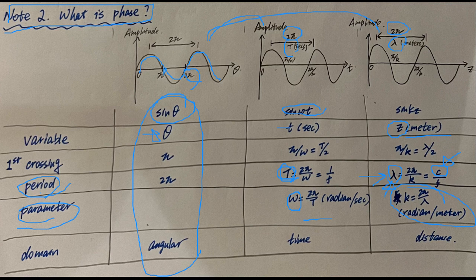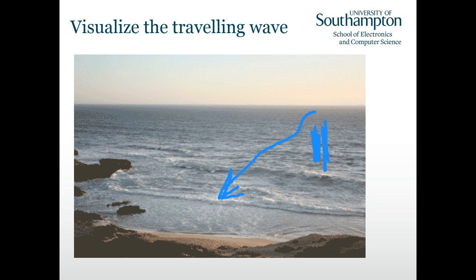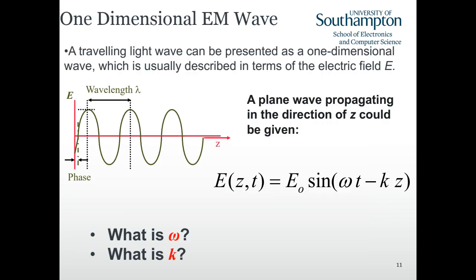Okay, let's come back to the slides. Once again, wave propagation is like water, where it would propagate over distance and it would also vary over time. So for EM waves, the wave would propagate over time and over distance as well. We have two directions.